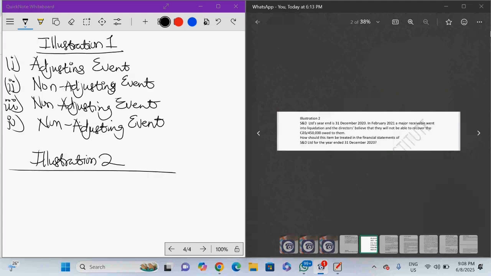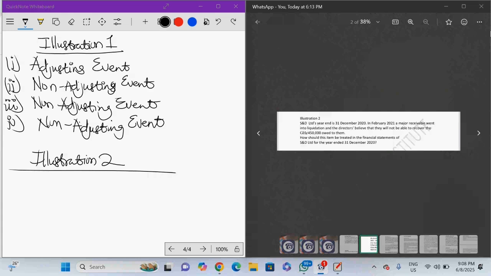In February 2021, a major receivable went into liquidation and the directors believe that they will not be able to recover the 450,000 owed to them. How should this item be treated in the financial statement of S&D Limited for the year ended 31st December 2020?